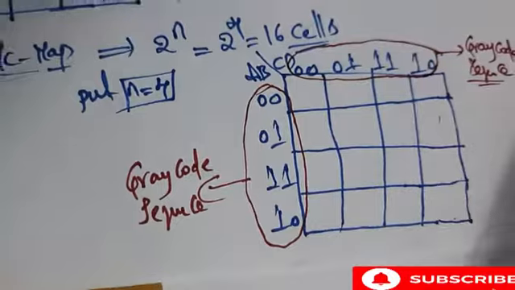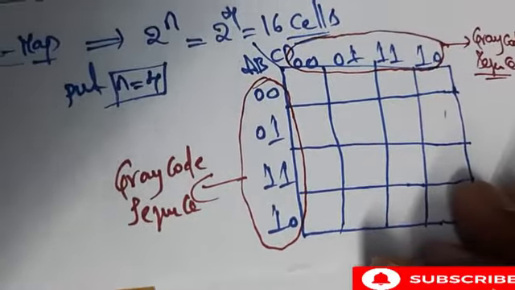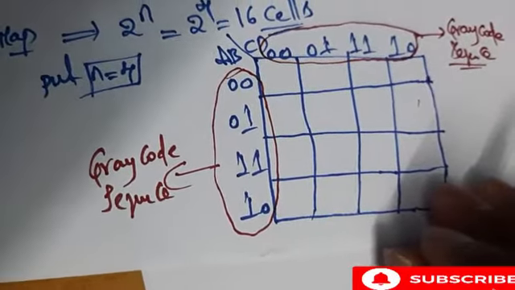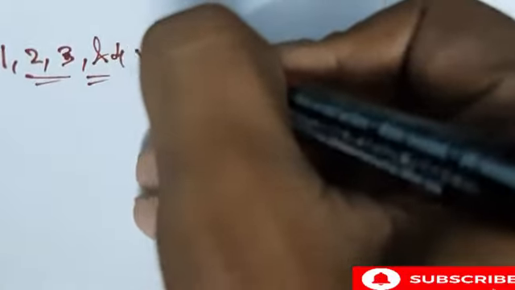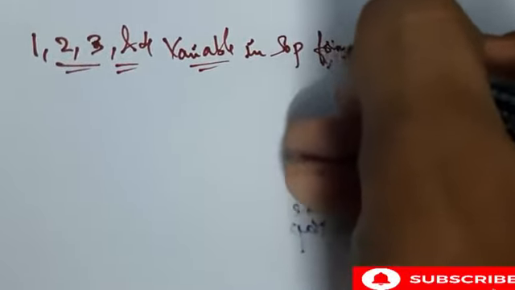Let's see some of the SOP forms and the POS forms, and how the K-map will be represented for the SOP form and the POS form. Let's see the SOP form first. One, 2, 3 and 4 variables in SOP form.